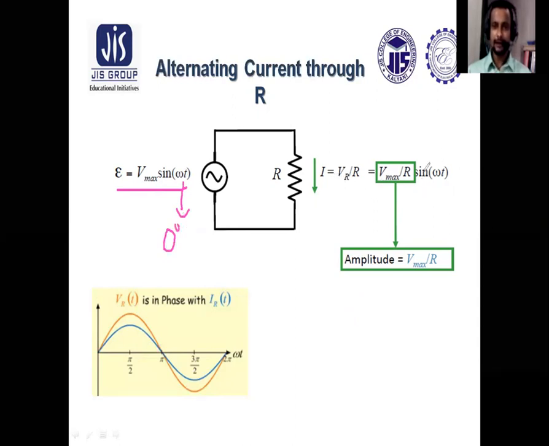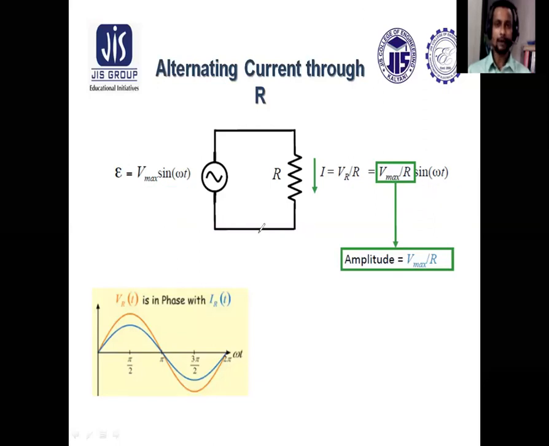Similarly, in the current equation we can see the phase angle is 0 degree. So both have the same phase angle, which means there is no phase difference between voltage and current. So voltage and current will start at the same point, get maximum at the same time, and get zero at the same time.